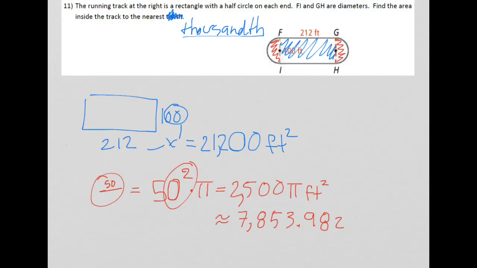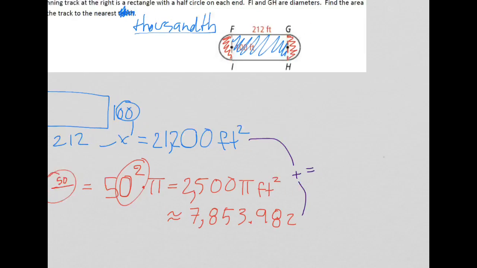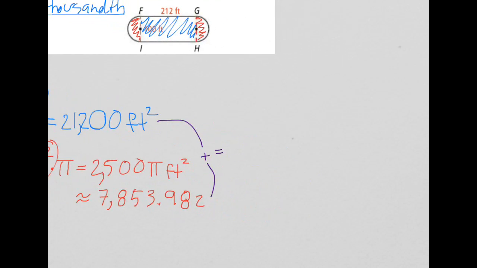It's not quite there. But anyway, we're not done with this problem yet, because we want to know the total area, which is going to be the combination of these two values, aka add them together. Do that, and you should totally not get this number that my calculator says to me right now, because I accidentally multiplied by 21,200, so I got this huge number.